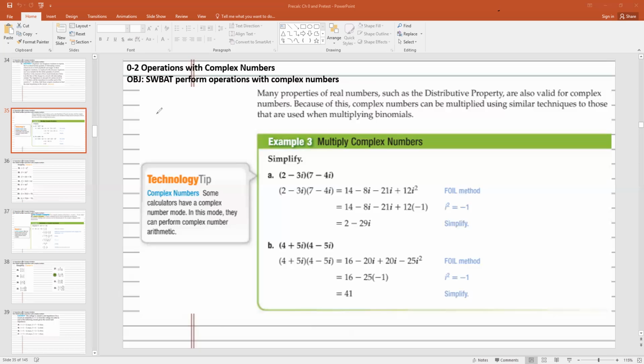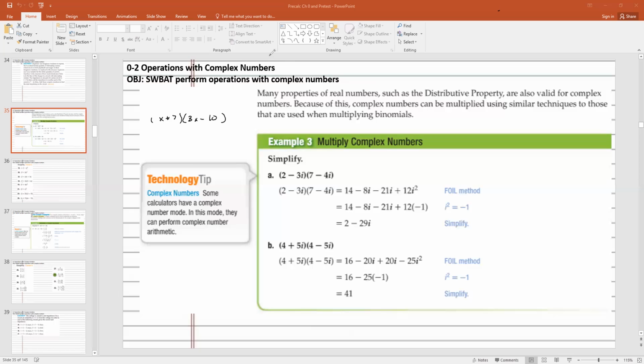Remember polynomials, that's where you have those parentheses, those groups, right? You have like x plus 7 and 3x minus 9 or 10. And then to multiply those, you want to do FOIL, but not just FOIL.